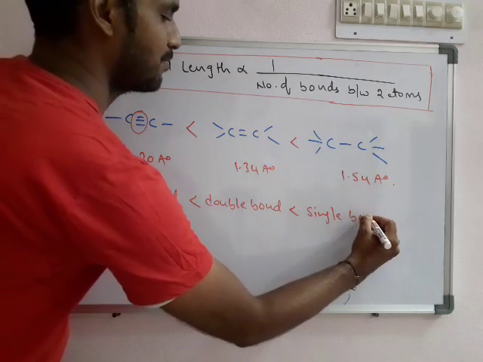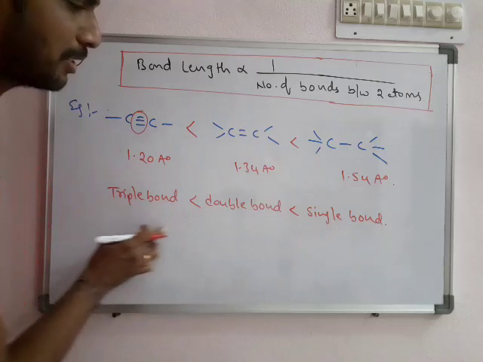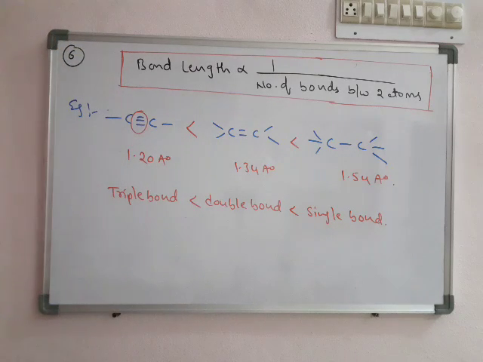We don't compare different atoms; we compare between the same two atoms. For example, CC is compared with CC, and CH is compared with CH. So these are the main points about bond length.